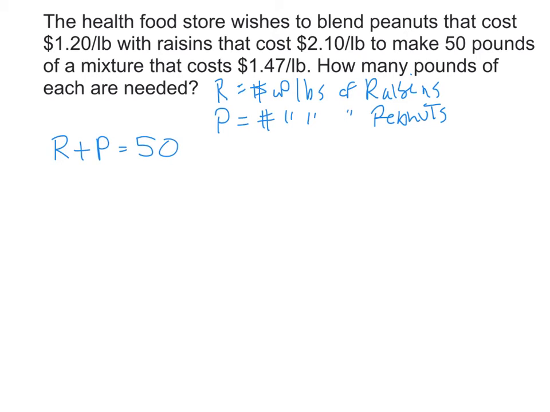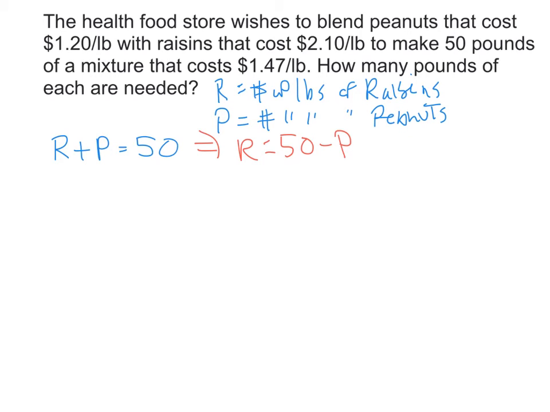And like on the previous slide, we're going to solve this, quote unquote, for one of the variables here. And so what that means is we'll be able to turn this into R equals 50 minus P, and we'll be able to substitute that in. Our other equation is going to keep track of the value of all the mixture, which means that you have R pounds of raisins at $2.10 per pound.